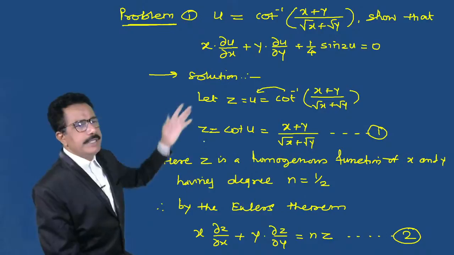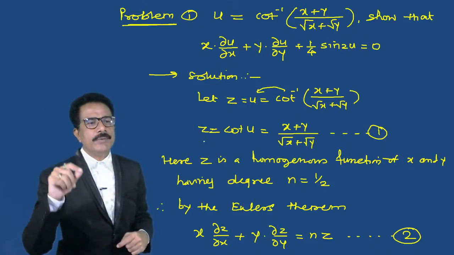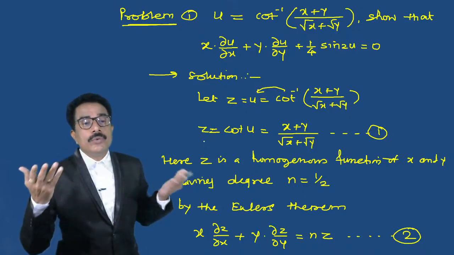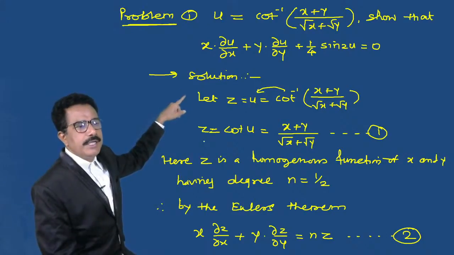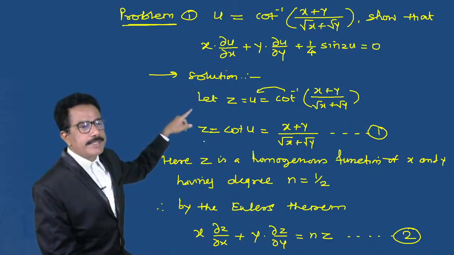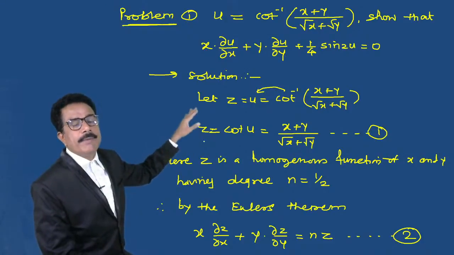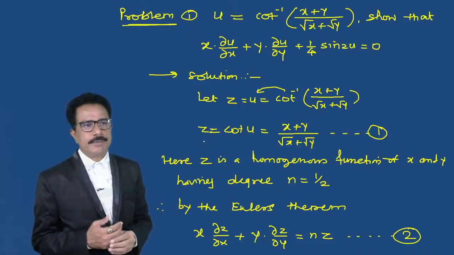If z is equals to cot inverse of x plus y divided by root x plus root y, then we have to show that its partial differential equation is x into dou u by dou x plus y into dou u by dou y plus 1 by 4 into sin 2u. We have to prove this.